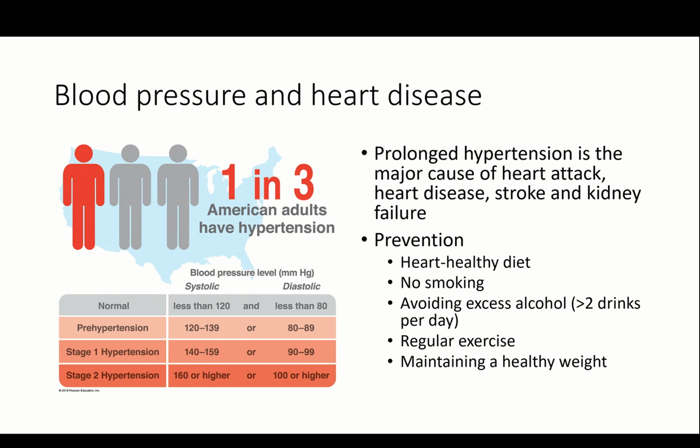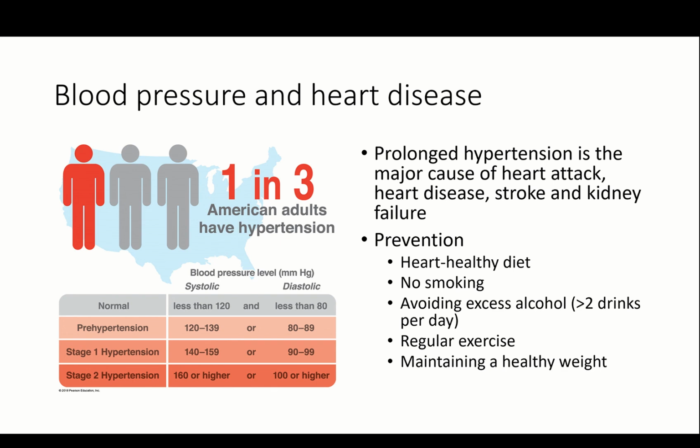So things you can do to help your blood pressure is to observe a heart healthy diet. So eating lots of fruits and vegetables, watching things like sodium intake, just trying to observe good eating practices. It's also a risk factor to be a smoker, so that would be something you'd want to avoid.